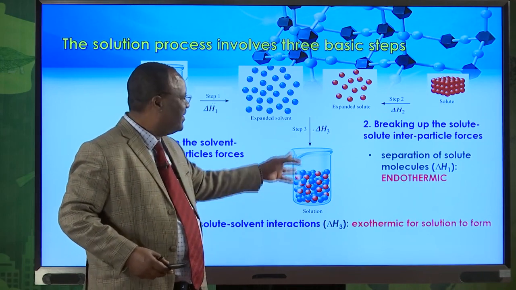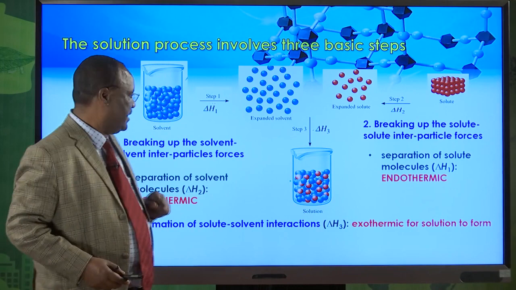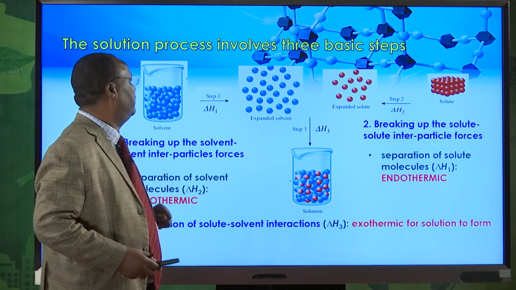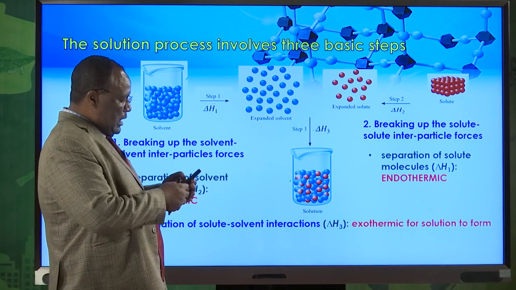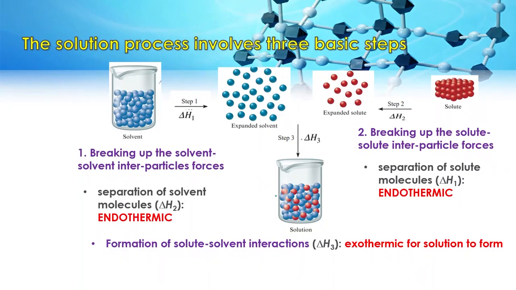So these are the three basic steps in which solutions are formed. And the total heat of solution is equal to the heat change in the first step, plus the heat change in the second step, plus the heat change in the third step.